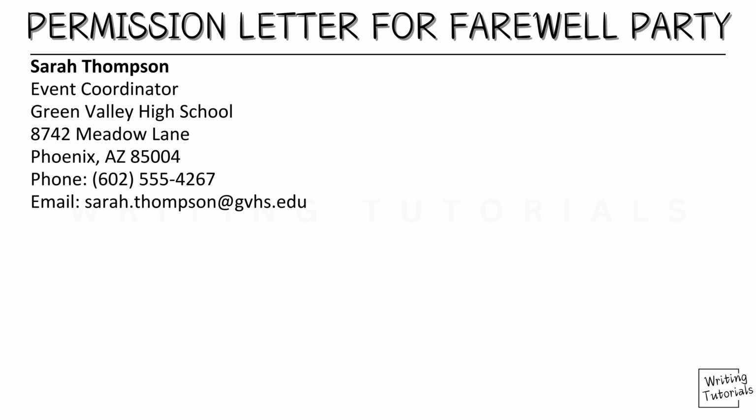Email sarah.thompson@gvhs.edu. This information is vital because it tells the recipient, here the principal, who's writing the letter, their role, and how to contact them. If you're representing a group, like a student council or an event committee, make sure your title reflects that. Adding contact information like a phone number and email ensures that the recipient can easily reach out with questions or clarifications.